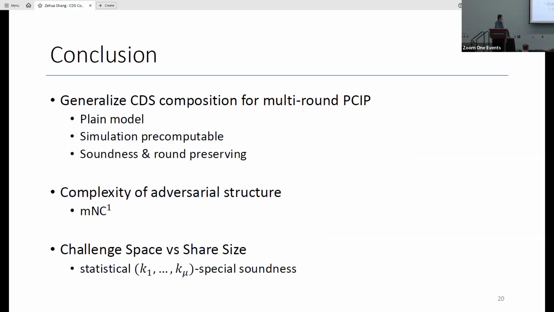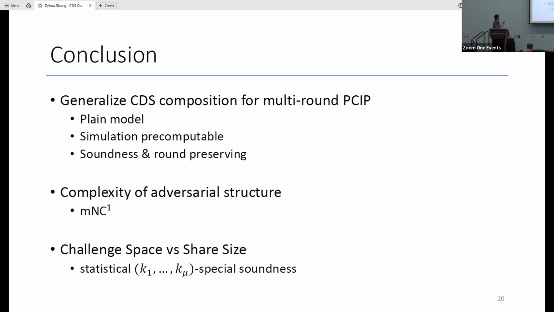Okay, so in the end, we come to a conclusion. We introduce general CDS composition for multi-round public-coin interactive proofs. Our framework works in the plain model, and we preserve the simulation computable properties. We also preserve the soundness and the number of rounds of the atomic public-coin protocols.